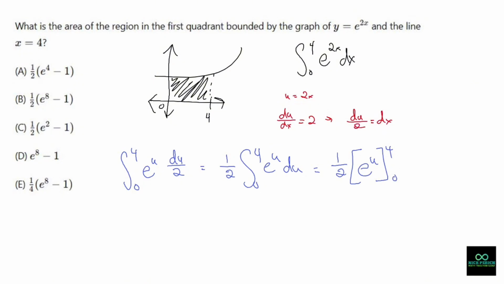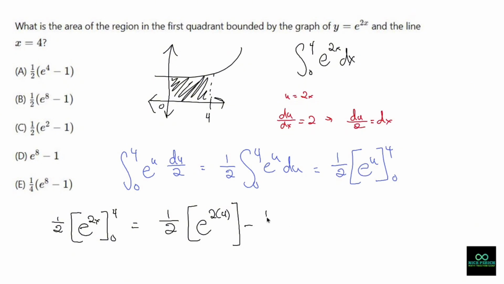So now I need to plug the x back in. Since I let u equal 2x, I now have 1/2 e to the 2x, where my limits are 0 and 4. All right, so let's plug those in. 1/2 e to the 2 times 4 minus 1/2 e to the 2 times 0.